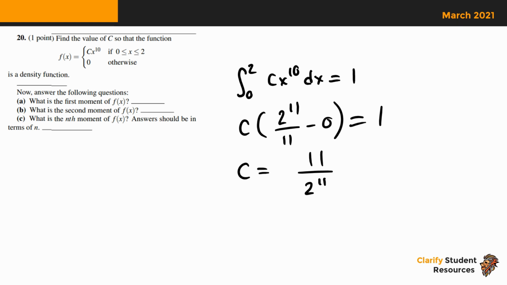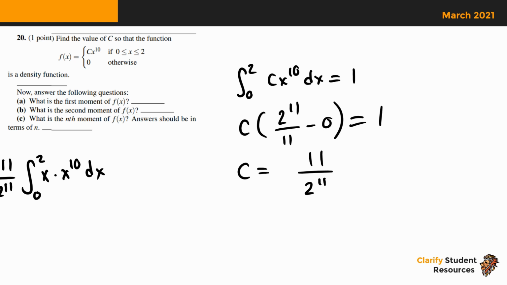It's asking for the first moment of f of x. So remember, for the first moment, all we have to do is add another x. Again, we can factor out the c because it's a constant. It's 11 over 2 to the 11, and then we get x times x to the power of 10 dx, going from 0 to 2. Again it's going to be x to the power of 12 this time.